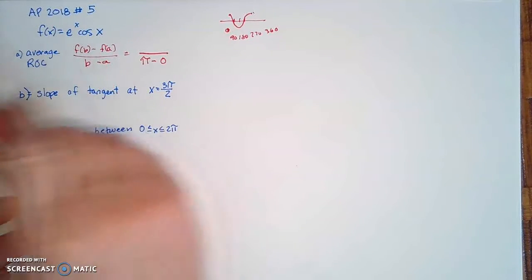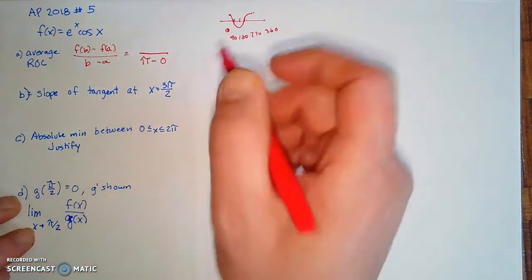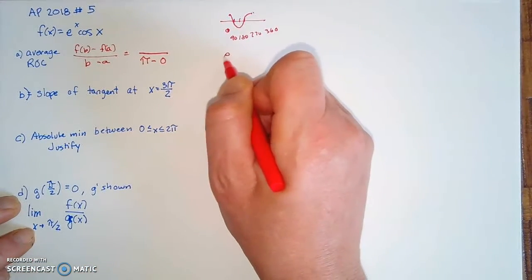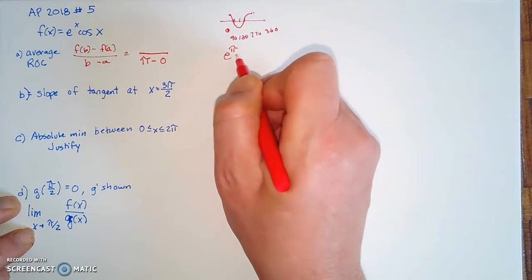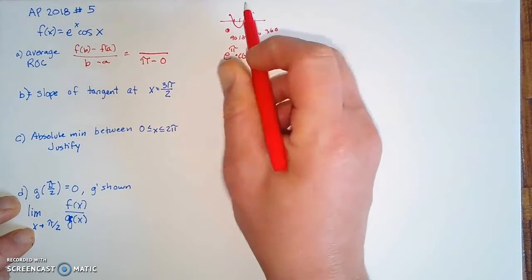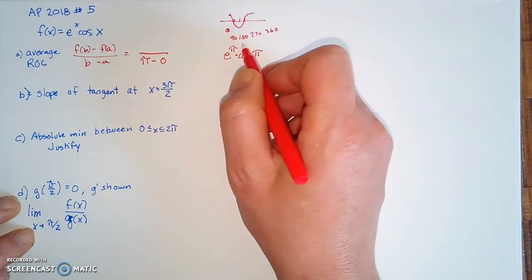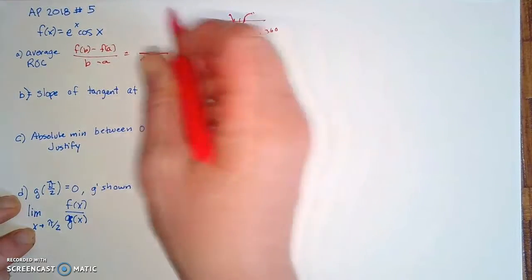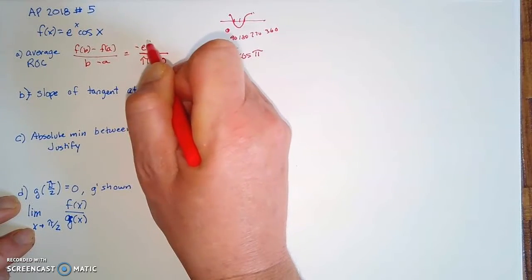So that would mean that e to the pi times the cosine of pi. Cosine of pi is negative 1. Negative 1 times e to the pi is negative e to the pi.